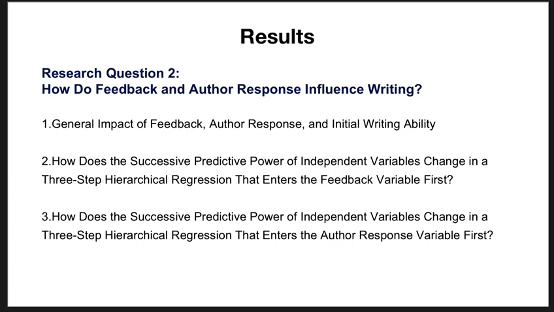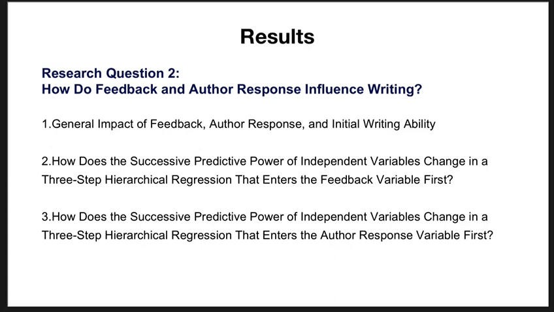And how does the successive predictive power of independent variables change in a three-step hierarchical regression that enters the feedback variable first? And how does the successive predictive power of independent variables change in a three-step hierarchical regression that enters the author response variable first?